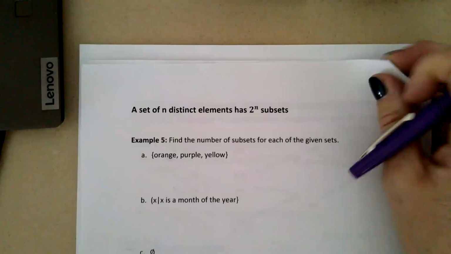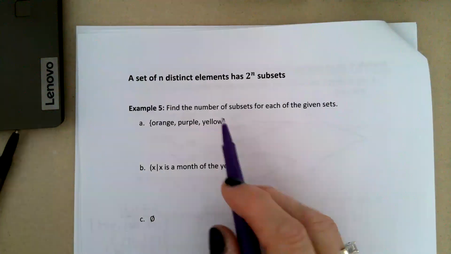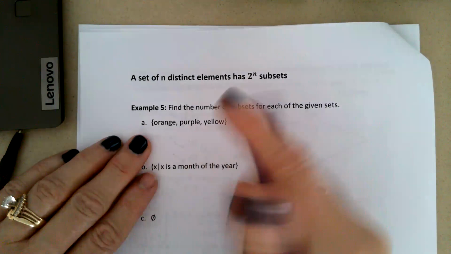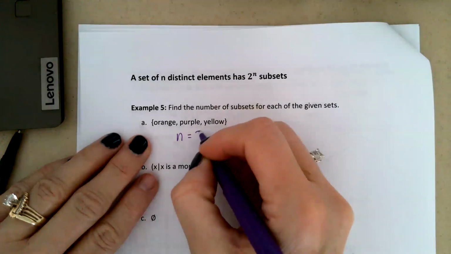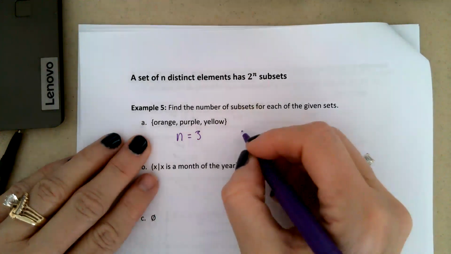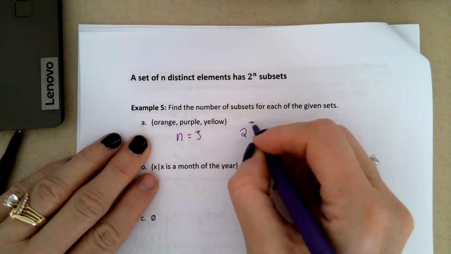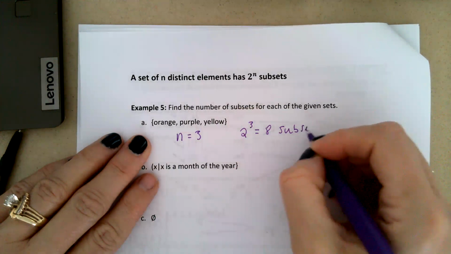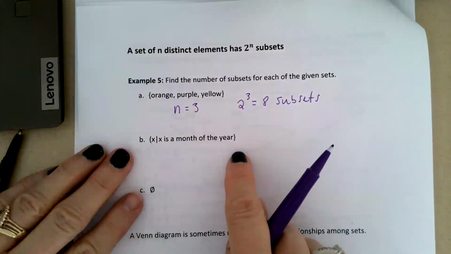So let's look at example 5. It says, find the number of subsets for each of the given sets. So orange, purple, and yellow. So n is 3. We have 3 items in the set. So that means we have 2 to the 3, or 8 subsets possible. What about X is a month of the year?